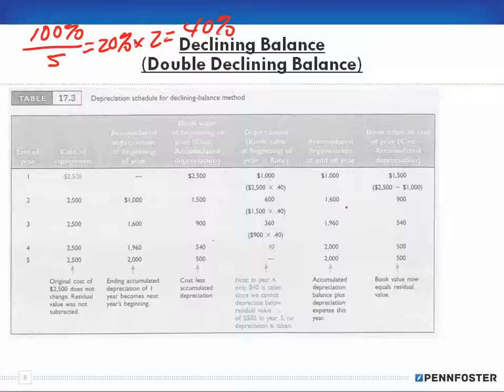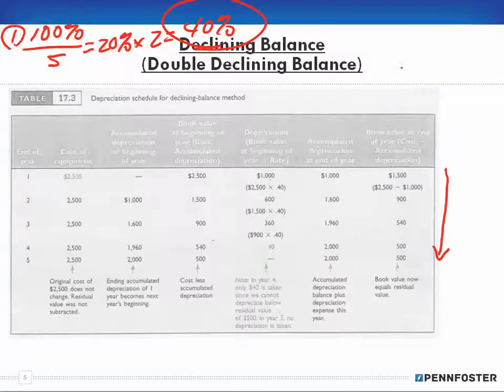In doing the declining balance, before I go any further into this schedule, the first thing we need to do is figure out what that rate is. The other thing you have to pay attention to is that our book value is going to go down over the course of the years.